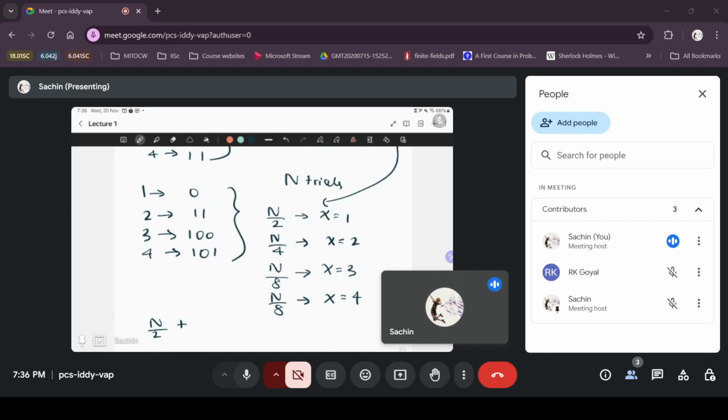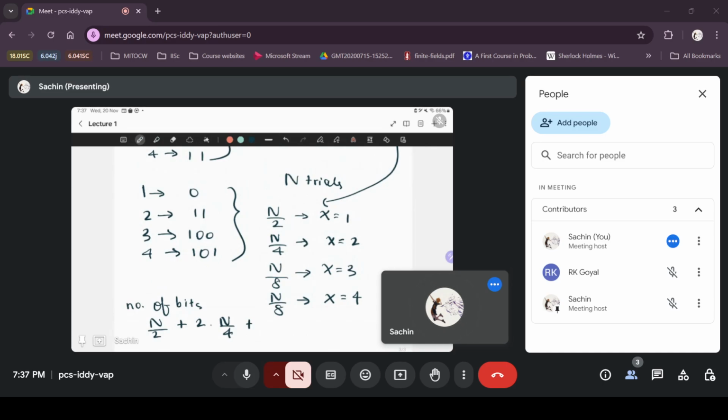There will be n by 2 number of ones. So you'll use 1 bit each time. So you have total number of bits n over 2, and n by 4 of the outcomes are x is equal to 2, which you will be representing using 2 bits. So the total number of bits used is 2 times n over 4.